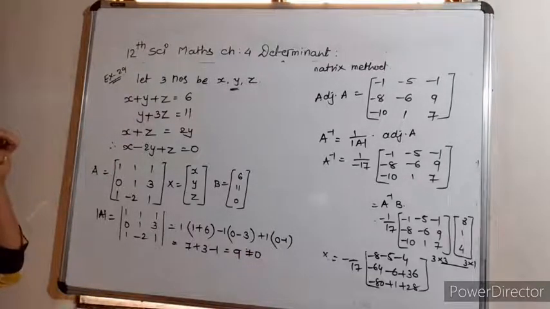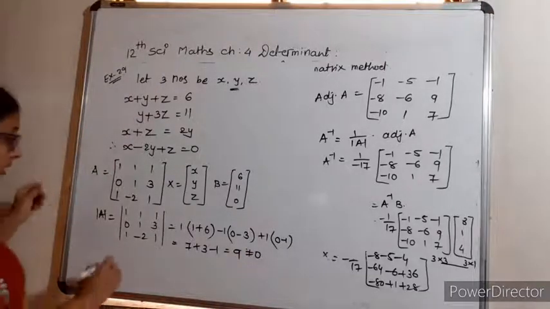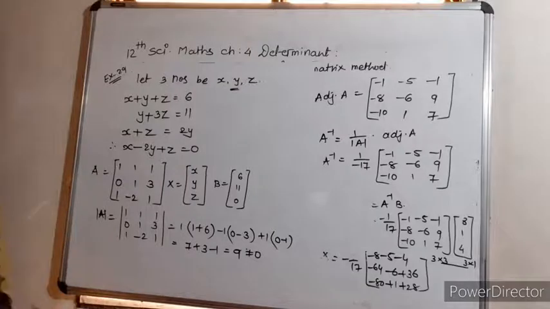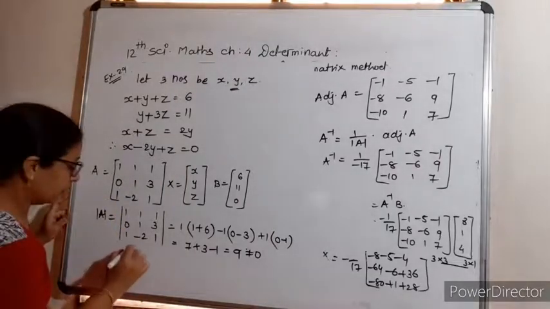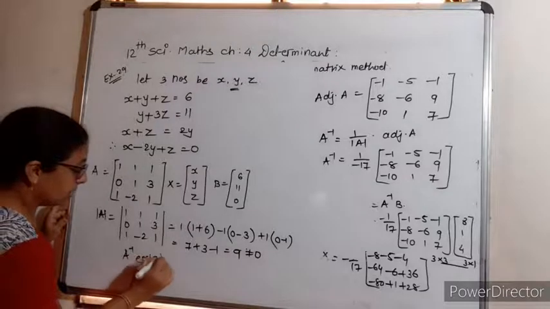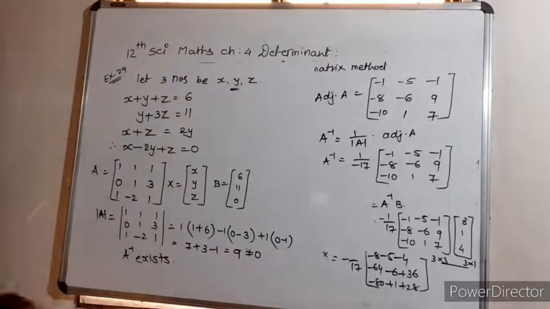Yes, you will get 9. Therefore, if the determinant is not 0, it is non-singular and therefore A inverse exists. A inverse exists.